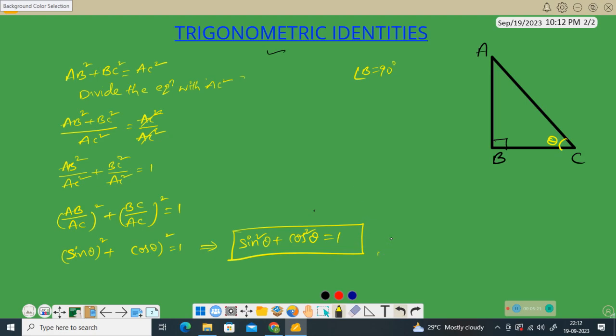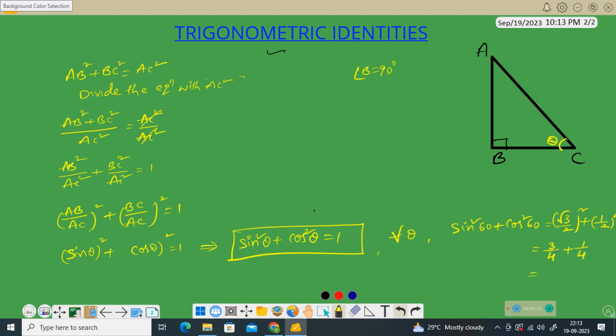It is satisfied for all the values of theta. How can we use this? For example, if they ask for the value of sin squared 60 plus cos squared 60, we know sin 60 is root 3 by 2, so root 3 by 2 whole square is 3 by 4, plus cos 60 is 1 by 2, so 1 by 2 whole square is 1 by 4.